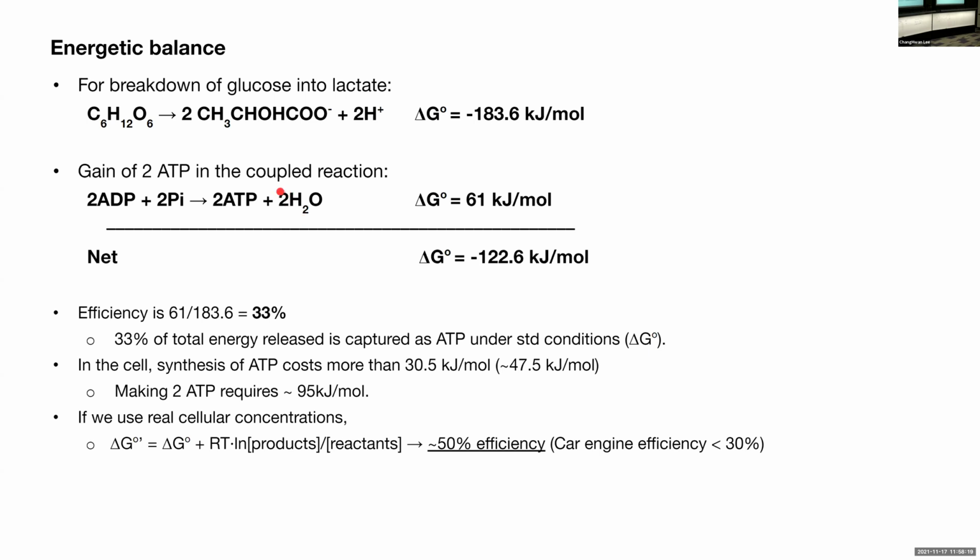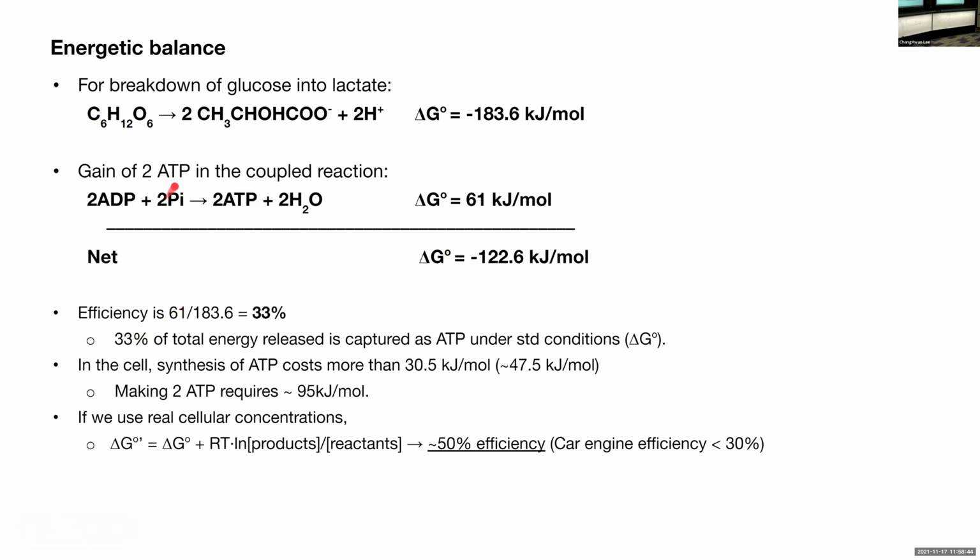So what you want to get is these ATP molecules, but unfortunately, it requires energy, meaning that it's an endergonic process. But this process, breaking down of glucose, is an exergonic process where it's spontaneously happening. So you can couple these two reactions to achieve the generation of 2 ATP molecules.